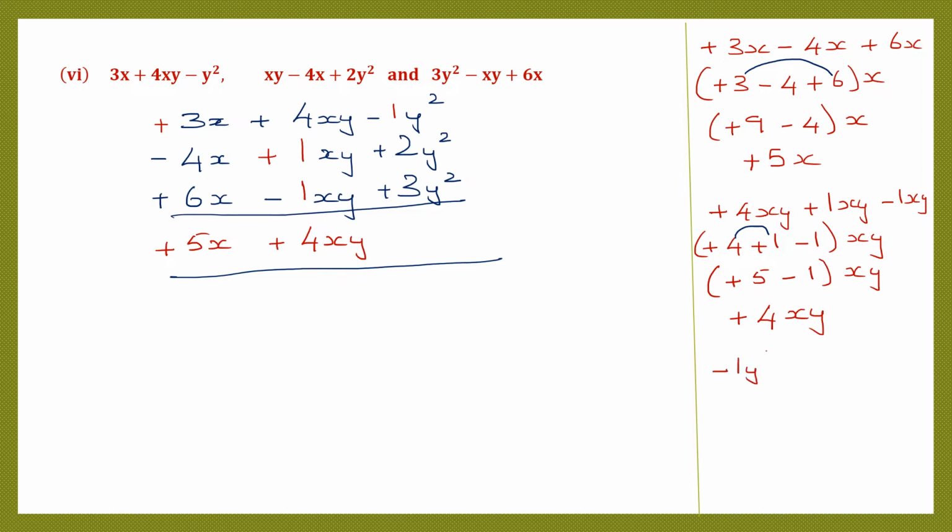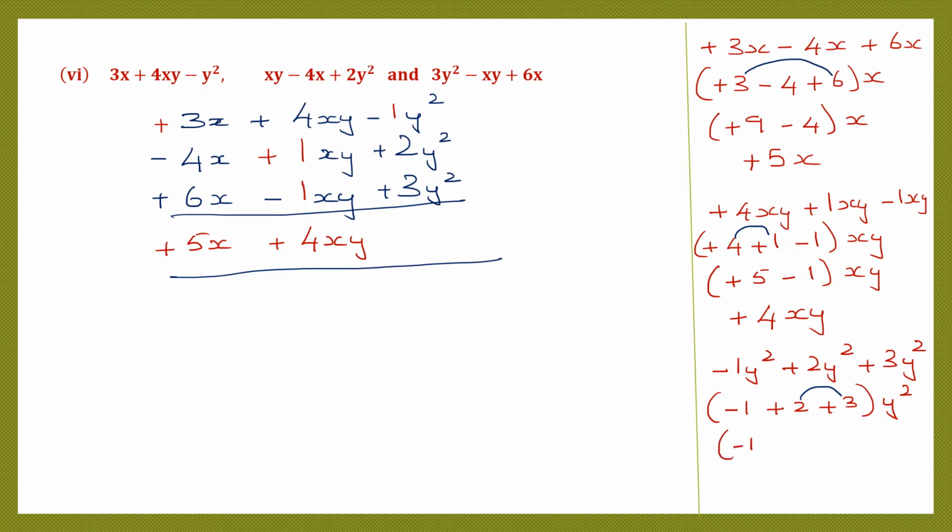Minus 1y square plus 2y square plus 3y square. That is minus 1 plus 2 plus 3y square. So add up the numbers with the same sign, these two. So here we'll write minus 1.